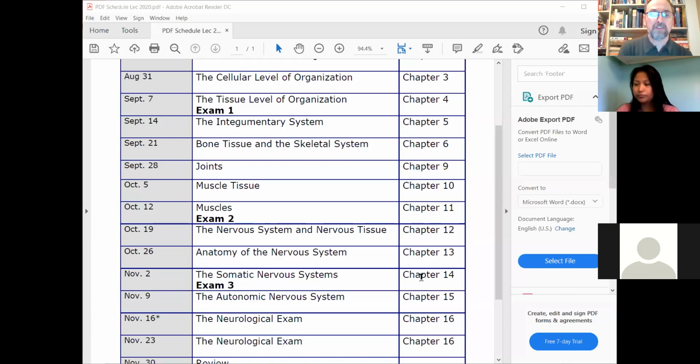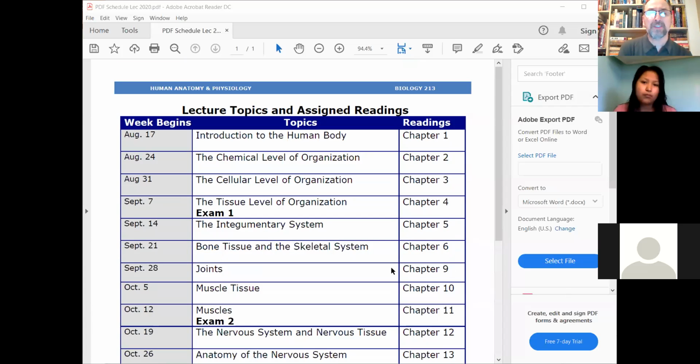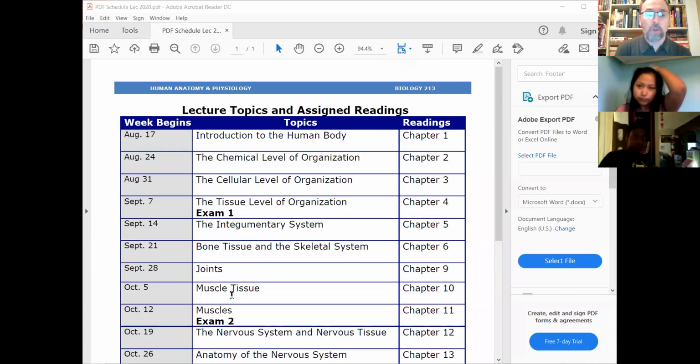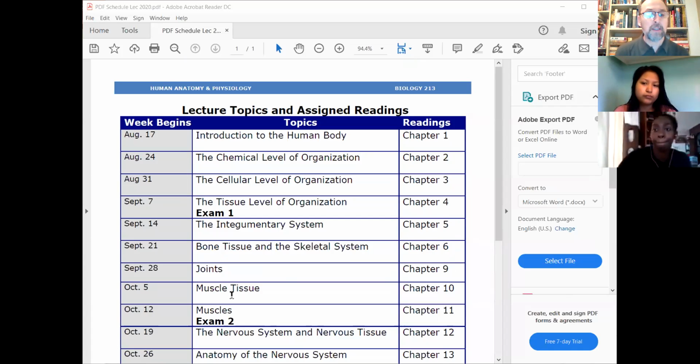I also wanted to look at the schedule for working with the textbook, so let's look at that. So this is the lecture schedule and assigned readings. Does anybody see that? Yes, thank you. Okay, so we're in the week of October 5th, and we're working on chapter 10, the muscle tissue and types of muscles.